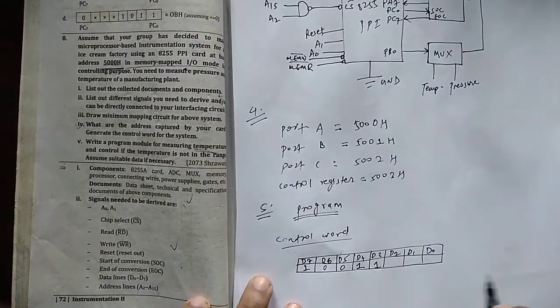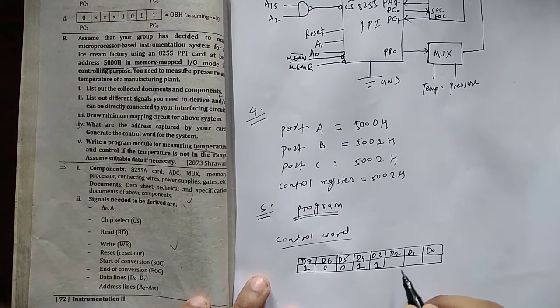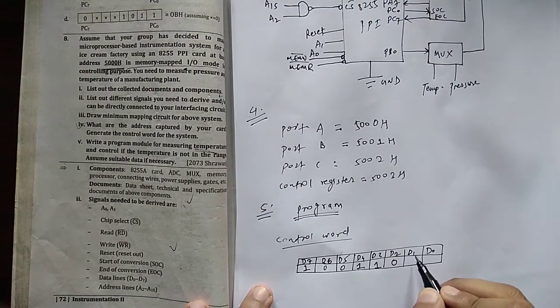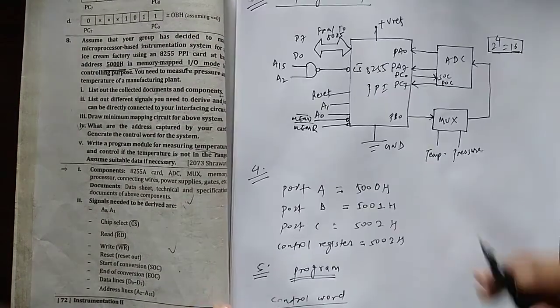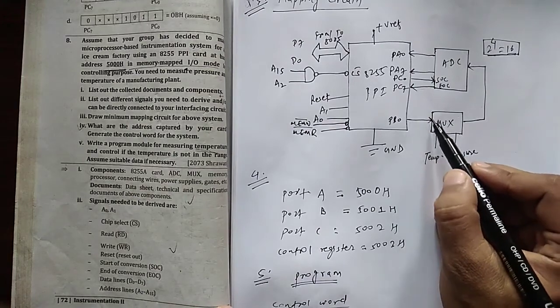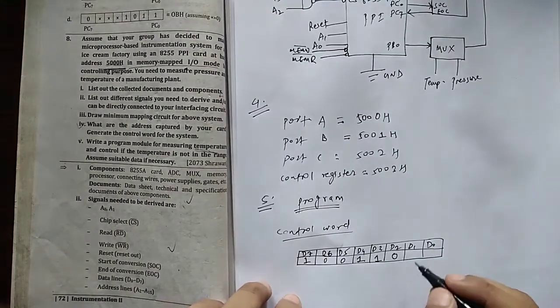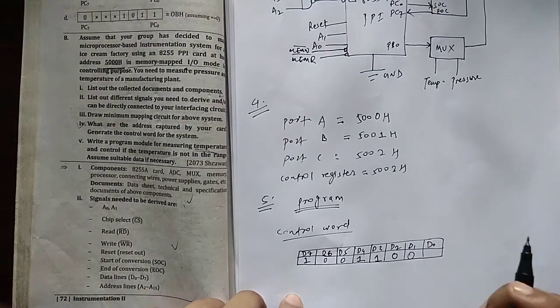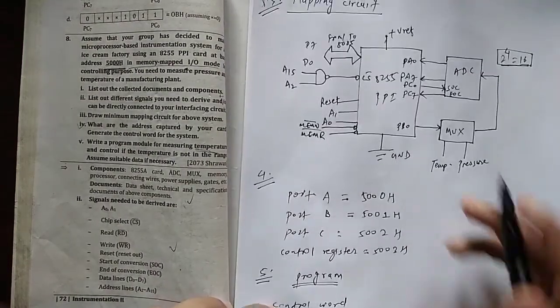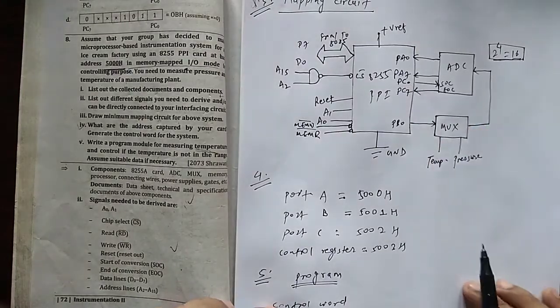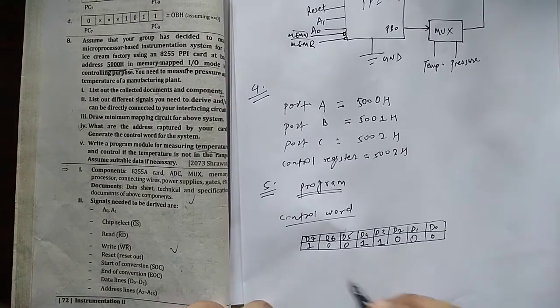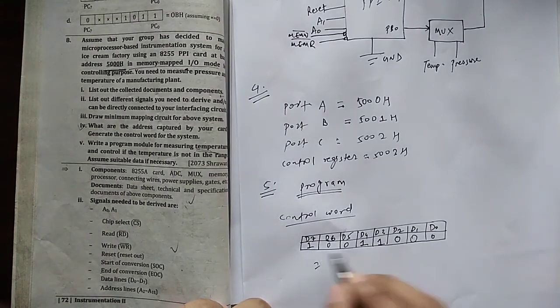D2 is the mode of port B, which is also 0, so we'll write 0 here. D1 is port B, and port B is output as you can see here, so we'll write 0 here. And D0 is port C lower, which is PC0, and PC0 is output, so we'll write 0 here.